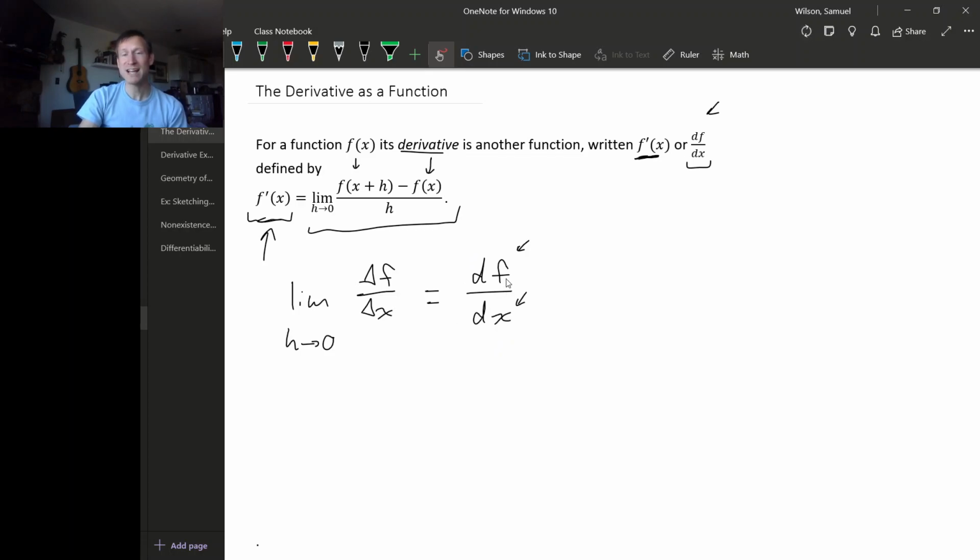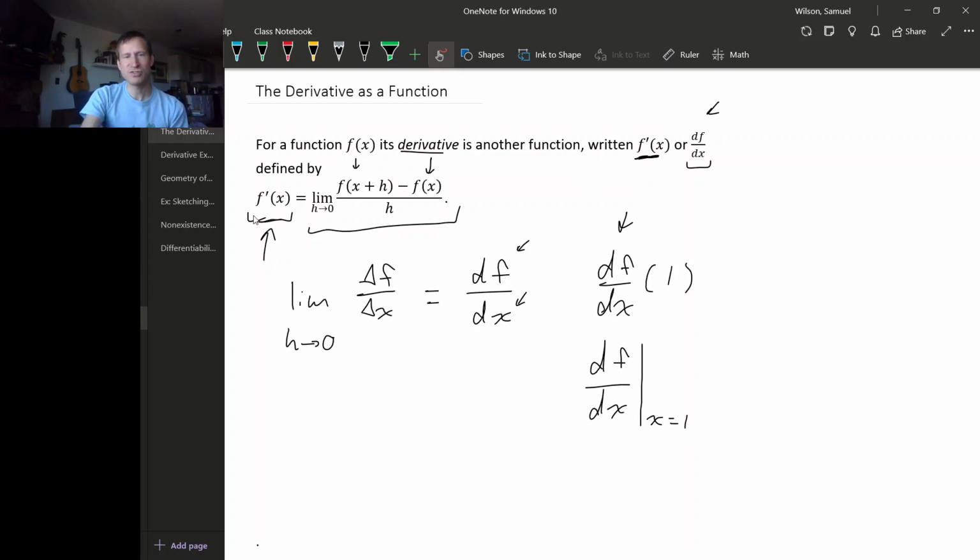function. So to express the idea of evaluating this function at an x value, you can do one of two things. You can either just put parentheses next to it like usual. So if you wanted to evaluate this derivative at 1, you could just put a 1 right there. But a more standard way to express the idea of evaluating this function is with a big vertical bar to its right, and then you write down the x value that you want right there.